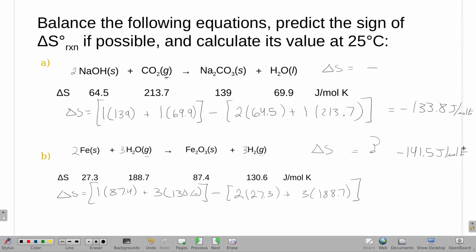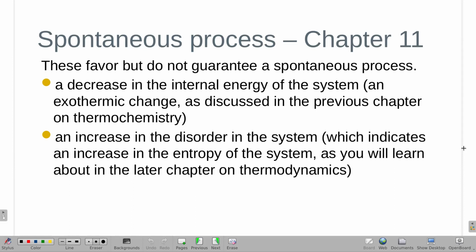Alright, we said we wanted to actually look at how things become spontaneous. Entropy alone doesn't actually tell us if it's spontaneous. Now, back in Chapter 11, we introduced this weird little statement. They said there were 2 things that favored but did not guarantee a spontaneous process. One of them is a decrease of internal energy or an exothermic change.